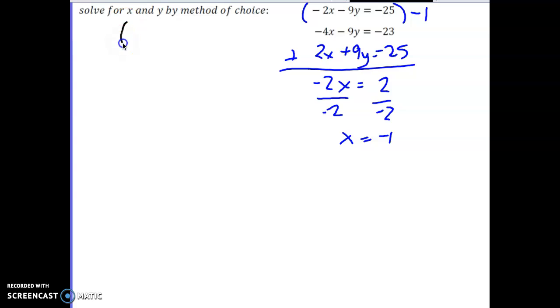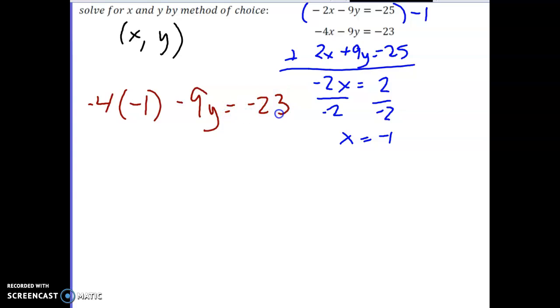Okay, are we ready to check this one? Nope. Remember, it's a system. So I need an X and a Y. Okay, so let's take this X equals negative 1 and let's substitute in. Does it matter which equation? Not at all. So this time I'll choose the second one. All right, negative 1 times negative 4 is positive 4.